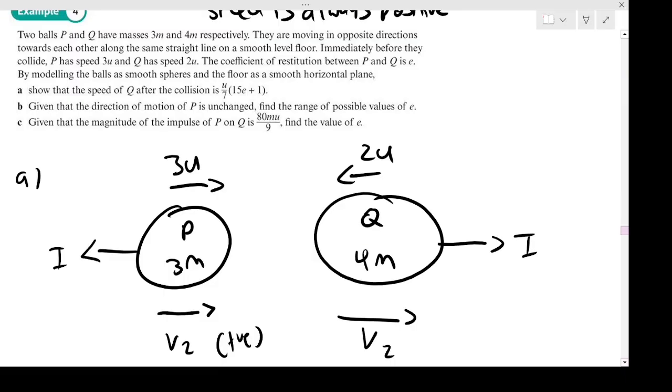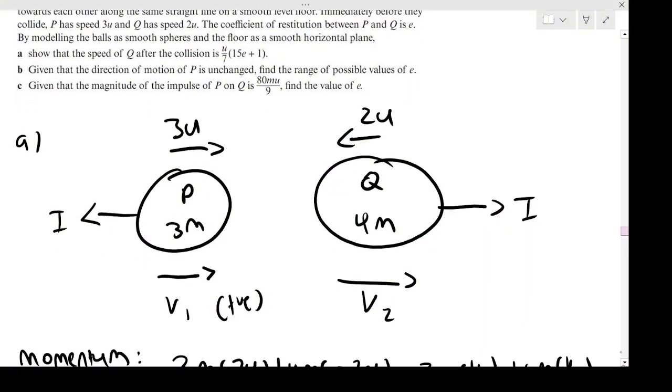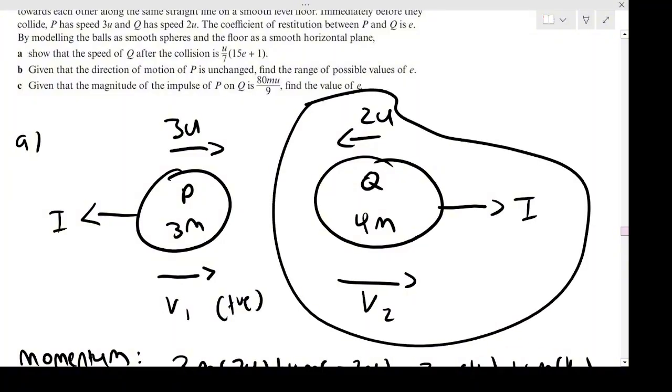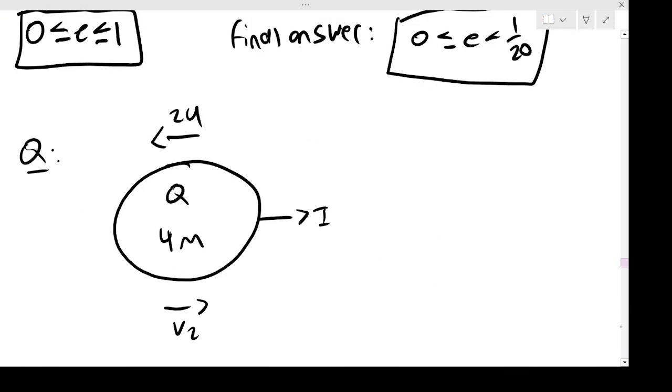So let's just consider one of the particles. You can take your pick, really. I chose P last time, so let's consider this one now. So if I just consider Q, again impulse.